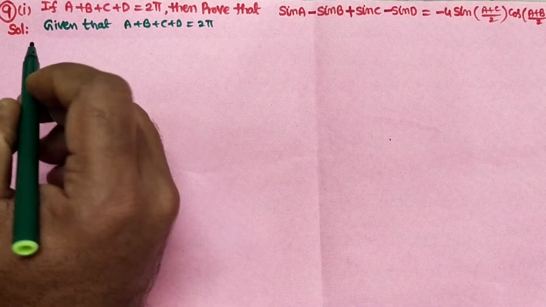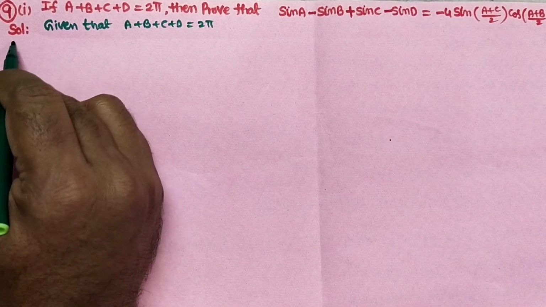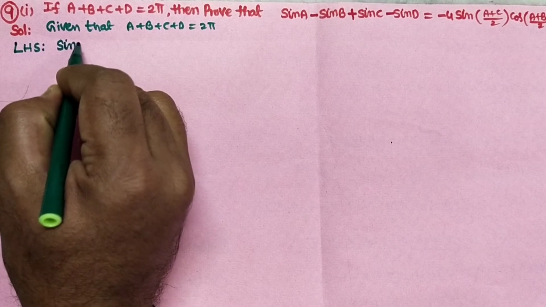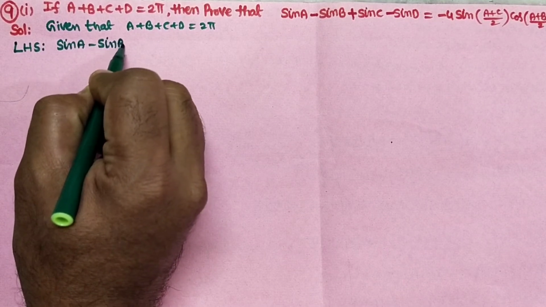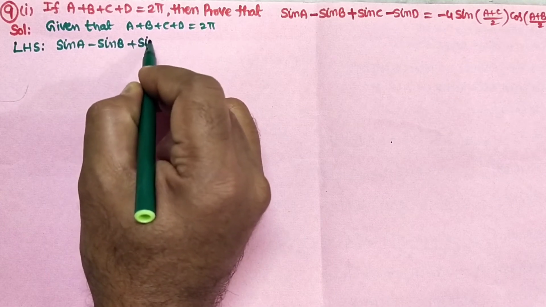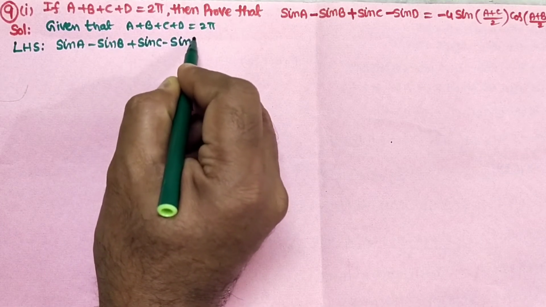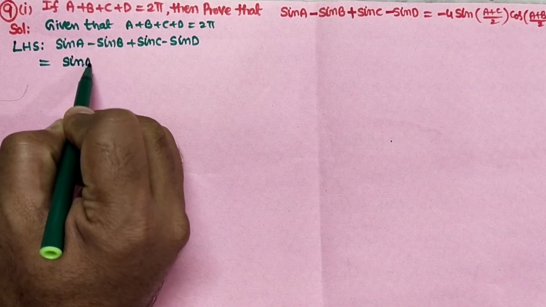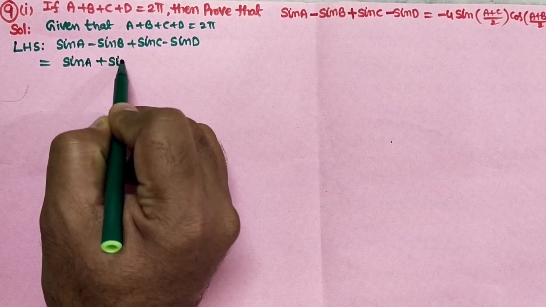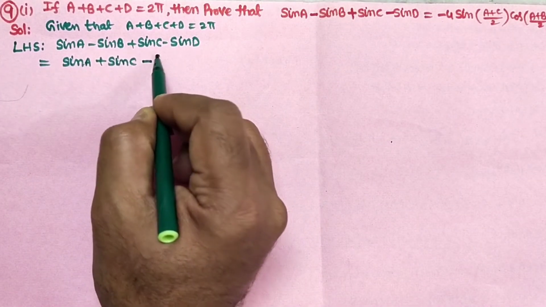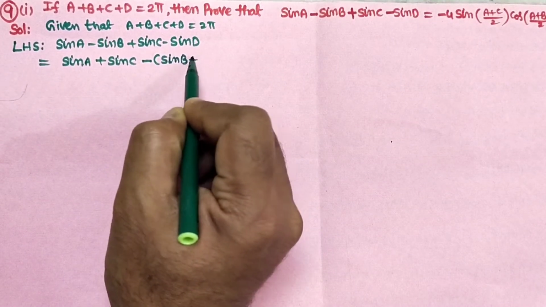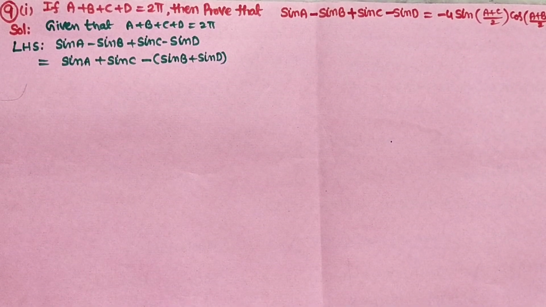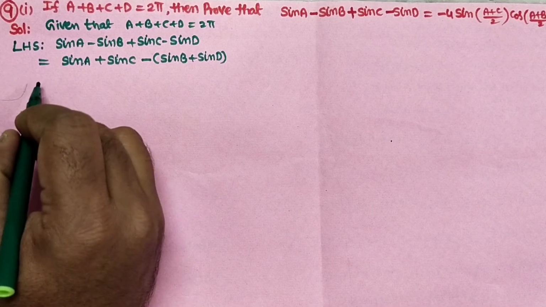From this, calculate the LHS first: sin A minus sin B plus sin C minus sin D. So now sin A plus sin C, minus, take common, sin B plus sin D. For the first two terms, the sin C plus sin D formula can be applied.